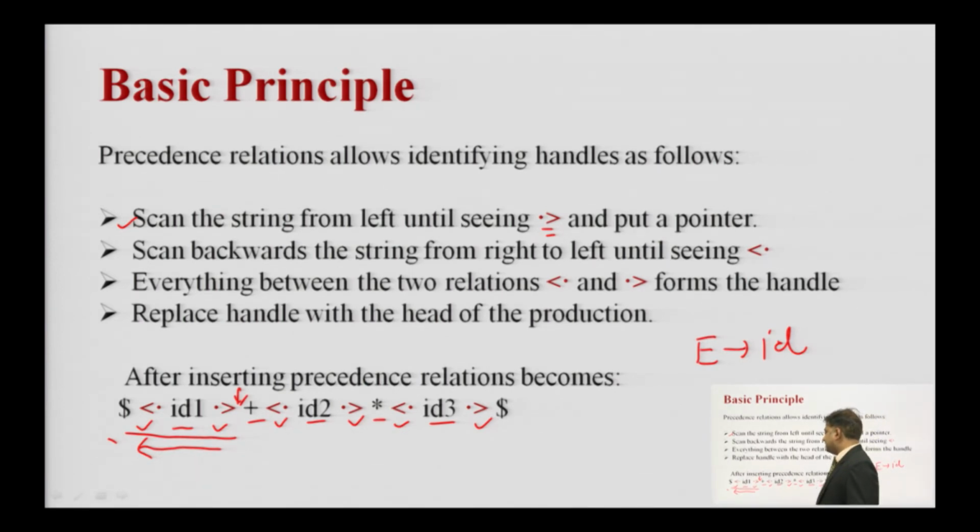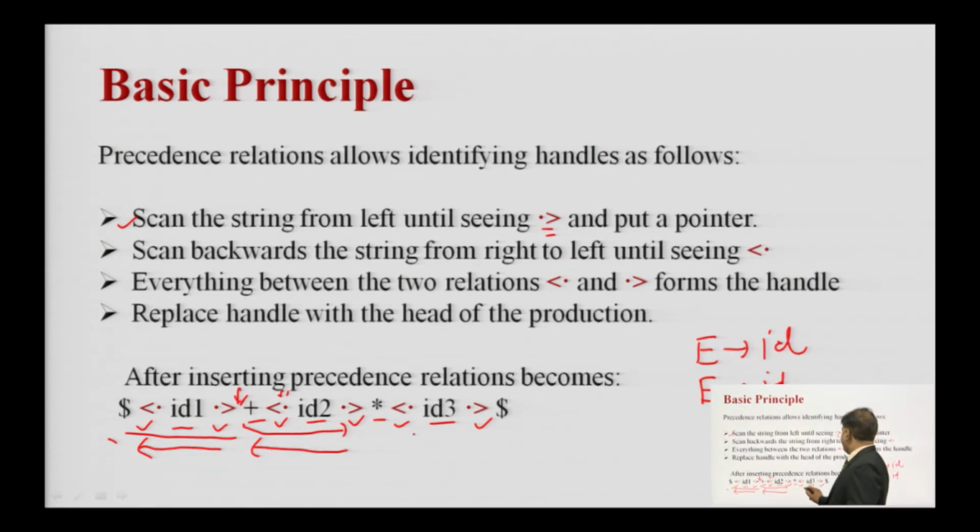Now again next step, again I start from here and move into the forward direction. कब तक, जब तक कि मुझे higher precedence relation नहीं मिल जाता. और जैसे ही higher precedence relation मिल जाता है, I start moving in backward direction. Backward direction में कब तक move करता हूँ, जब तक कि मुझे less precedence नहीं मिल जाता. और इन दोनों relations के बीच में जो handle आता है, उसको मैं reduce कर देता हूँ. Again E derives ID.